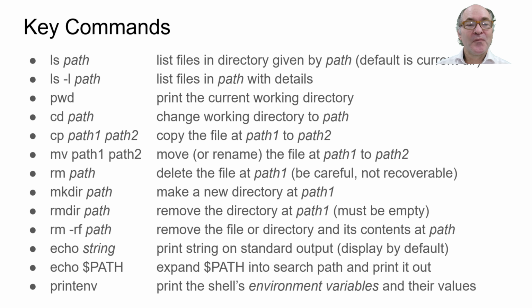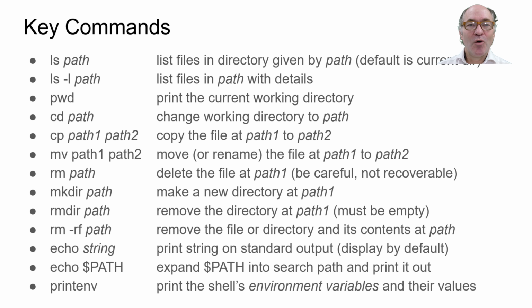So good. Now the shell keeps track of a lot of information on your behalf. It not only keeps track of your current working directory, but of many other what we call environment variables. Okay, when we talk about environment variables, we talk about variables whose values are maintained by the shell program for you. One of those variables is called PATH, and the way to expand the value of an environment variable into its corresponding string value in a shell program is to prefix the name of that variable with a $ sign.